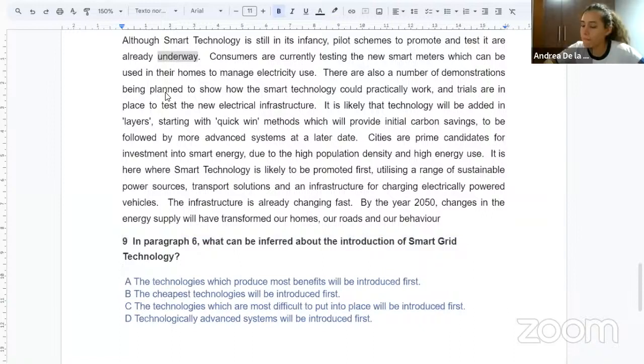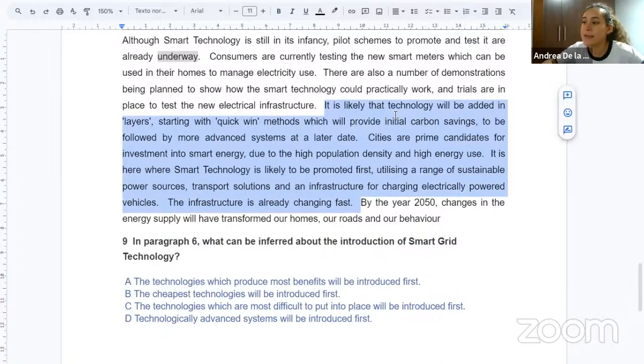Okay. So yes, the technologies that produce the most benefits will be introduced first. What can be inferred about the introduction of a smart grid technology, right? So we look for that introduction of a smart grid technology, or maybe how the technology will be added. Well, I think all of this has to do with the introduction of smart grid technology, so we have to read pretty much this whole thing.